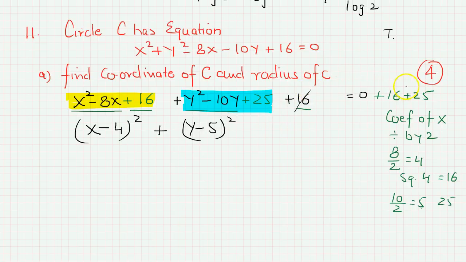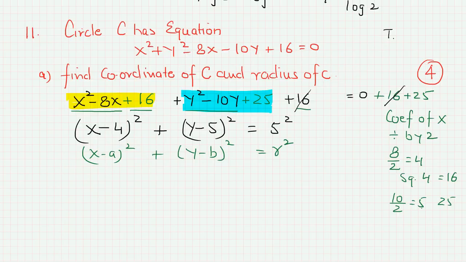We have 16 here and we have 16 here, is equal to 25. 25 can be written as 5 square. You compare this with (x minus a) square plus (y minus b) square is equal to r square. This is the general equation of a circle where r is the radius and a and b are the coordinates of the center.